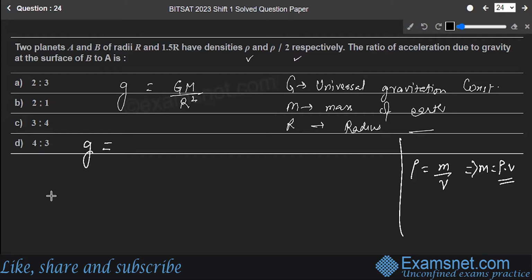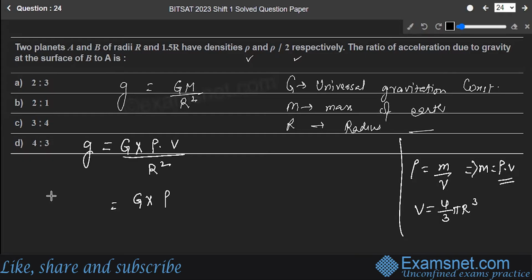You have g as equal to... also one thing, volume is equal to 4 by 3 pi r cube. So from here, small g is equal to capital G into mass, which is rho into V, upon r square. So this is G into rho.